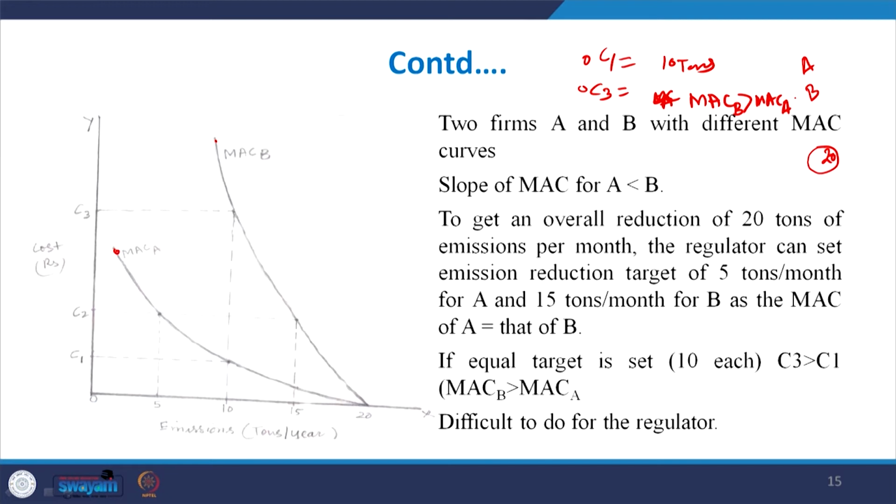But if the marginal cost is equalized, then it will be equalized at point C2, and at this point the marginal abatement cost of A is equal to the marginal abatement cost of B, so the uniform cost is C2.